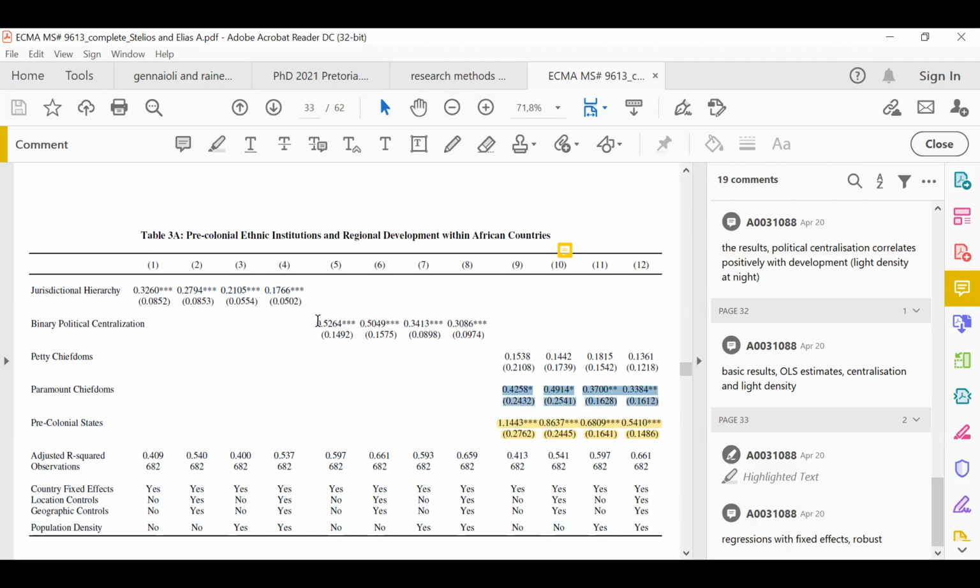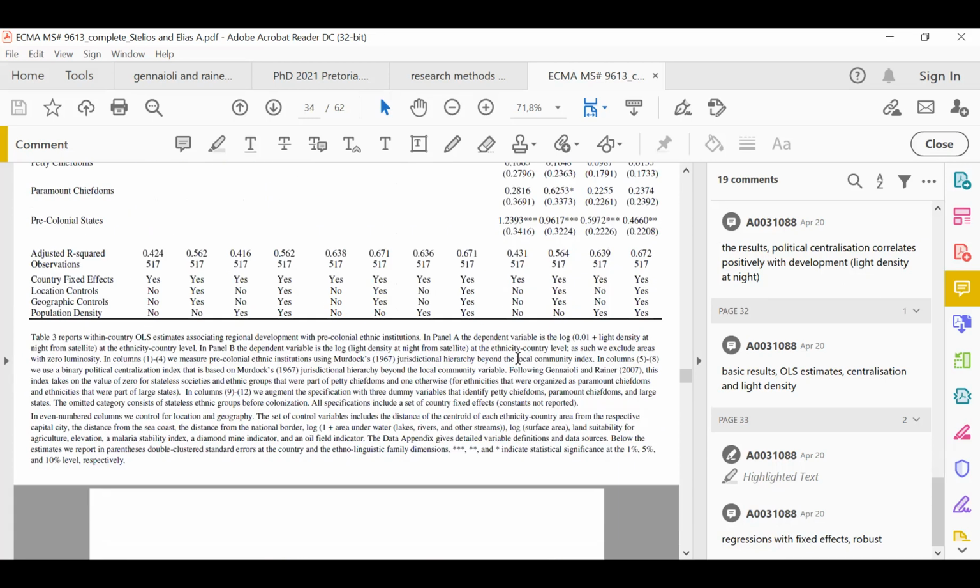Binary political centralization is also positive and statistically significant. And then, interesting, folks, that's what we call a counterfactual. Petty chiefdoms, right? There it is. Petty chiefdoms, which means very fragmented political institutions, and then the estimates are essentially zero. They are not significant. That's a sort of counterfactual.